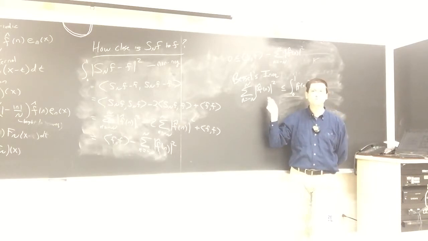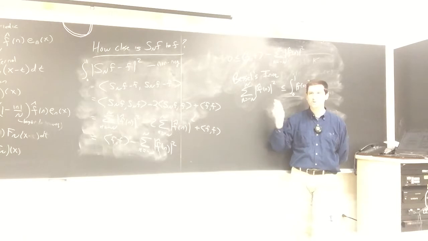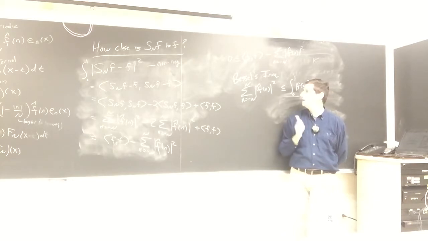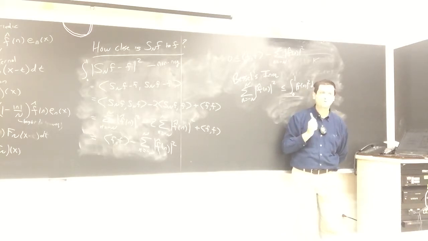However, you can improve Bessel's inequality. How can we improve this? So I have a sum from minus n to n of f hat of n squared. What could I sum over instead?